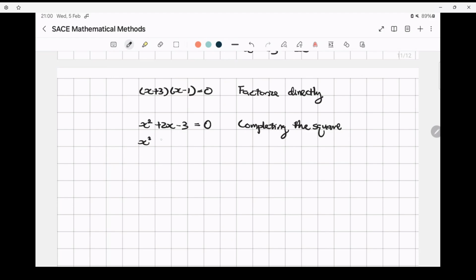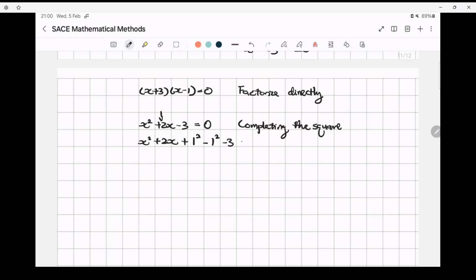So you just look at plus 2x. Basically you need to add a term which is half of this number. In this case it will be 1, and then you square it. When you add one term, you need to minus one term, so that the left side equals the right hand side.